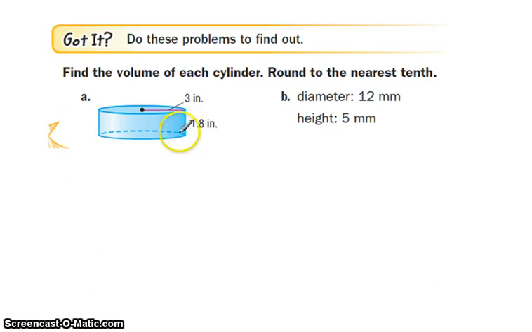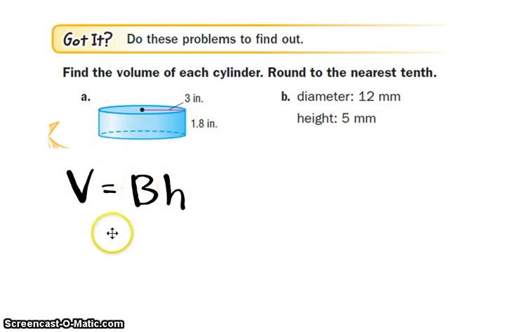Do your got it problem. Here's your base, which is a circle. Your radius is 3 and your height is 1.8. So right now, pause the video and try your got it problem. Okay, let's see. You should have started with your generic formula: V equals capital B times h. Then take this capital B and make it specific to our cylinder.